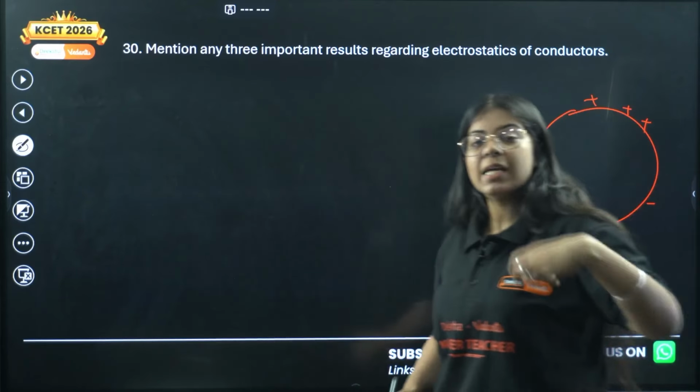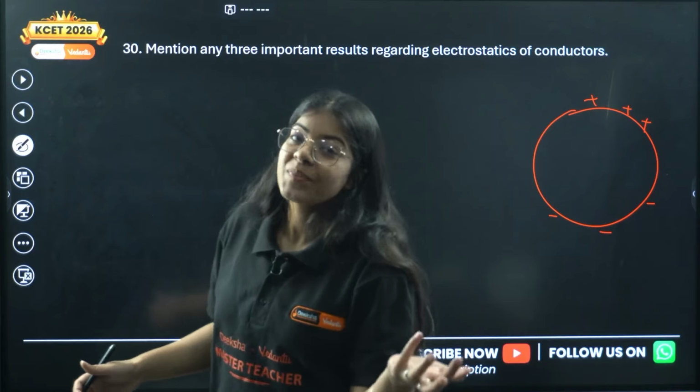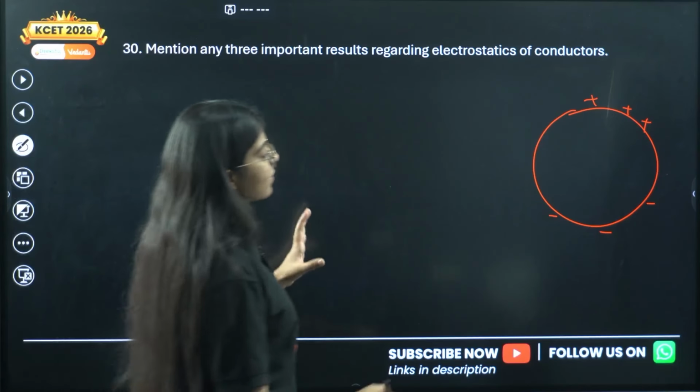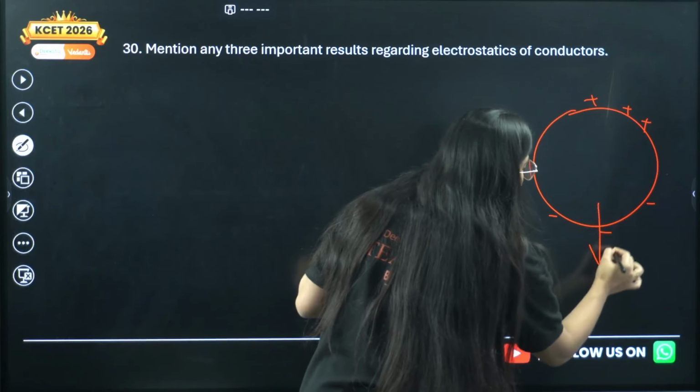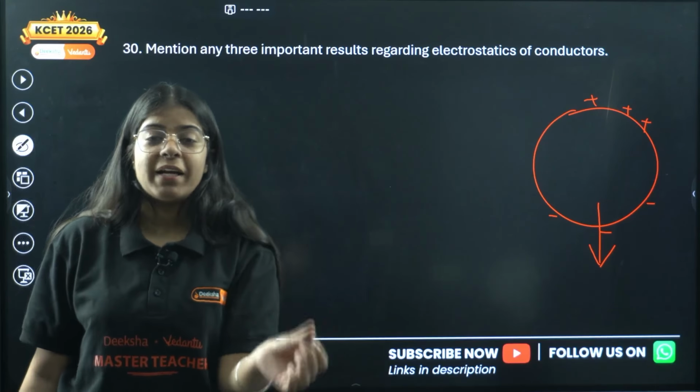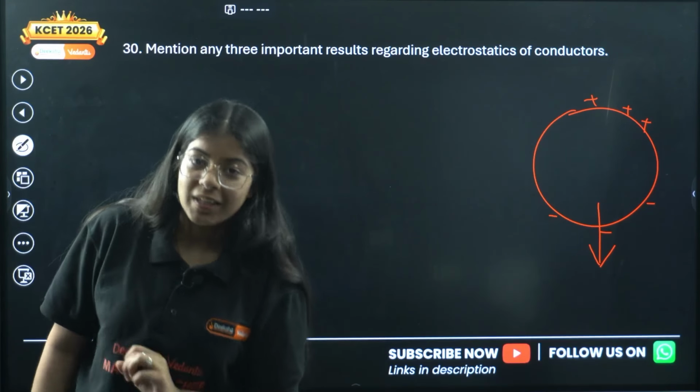Net electric field inside the conductor will be 0, correct? And the third is that the electric field coming out from the conductor is always perpendicular to the surface of the conductor.